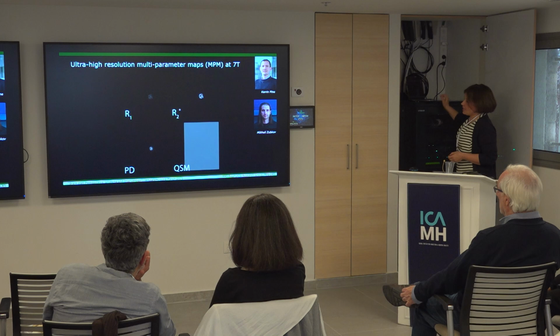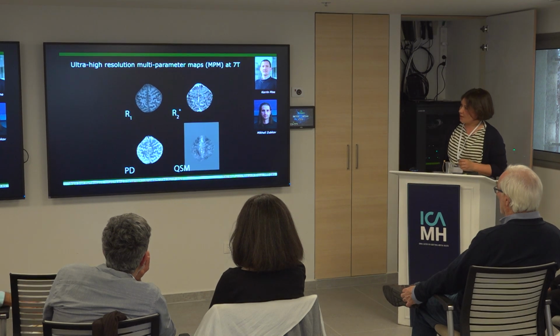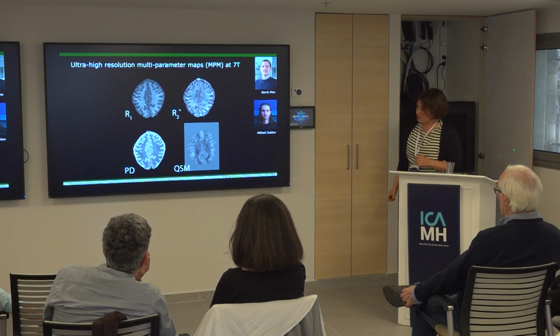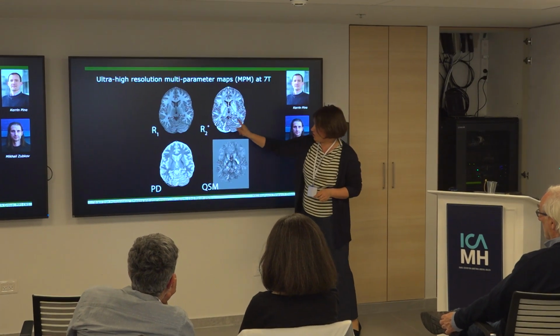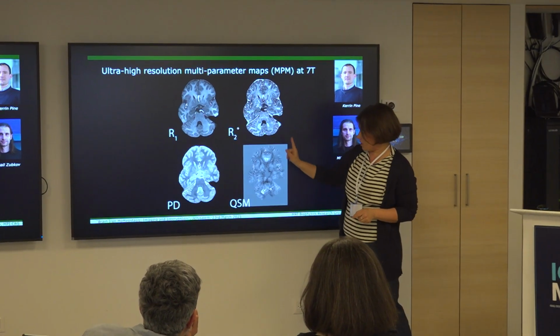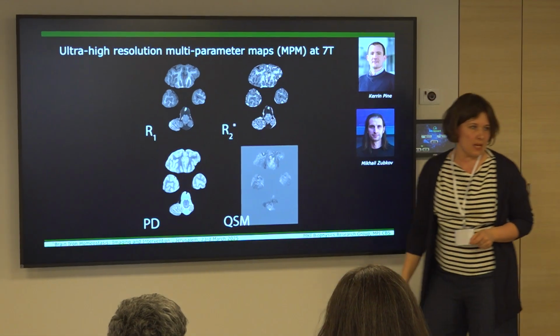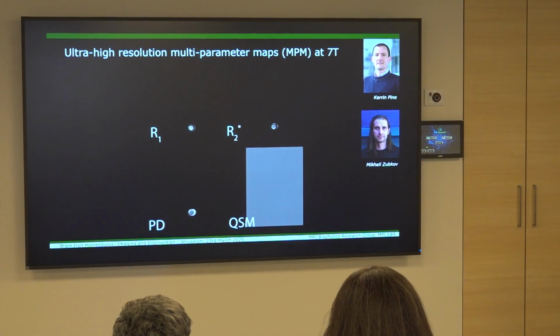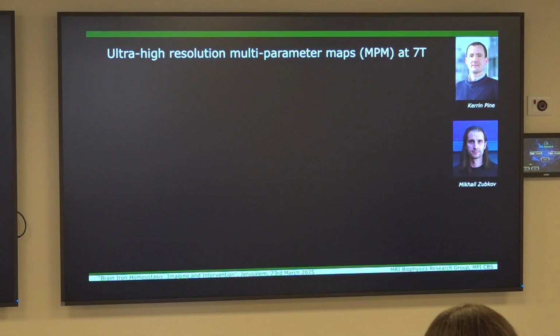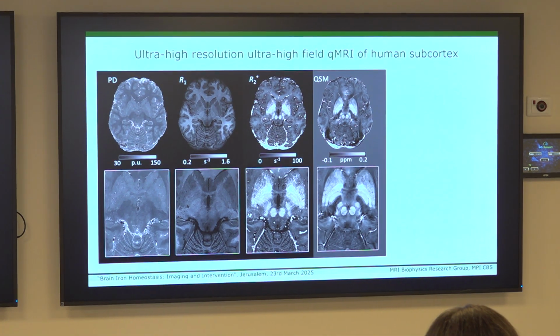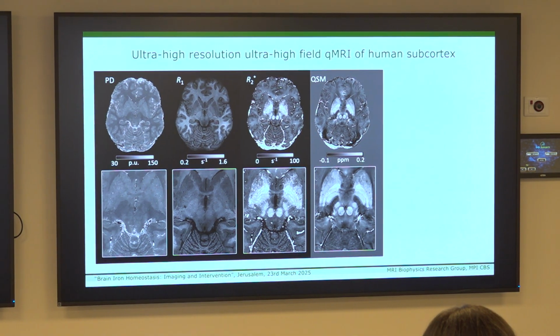And here's a data set which Karen recorded for this with our colleagues in Liège. What you get is all the different contrasts: R1, R2 star, QSM, PD at once. We can now use that for segmentation of the different brain areas and also for assessment of their integrity.